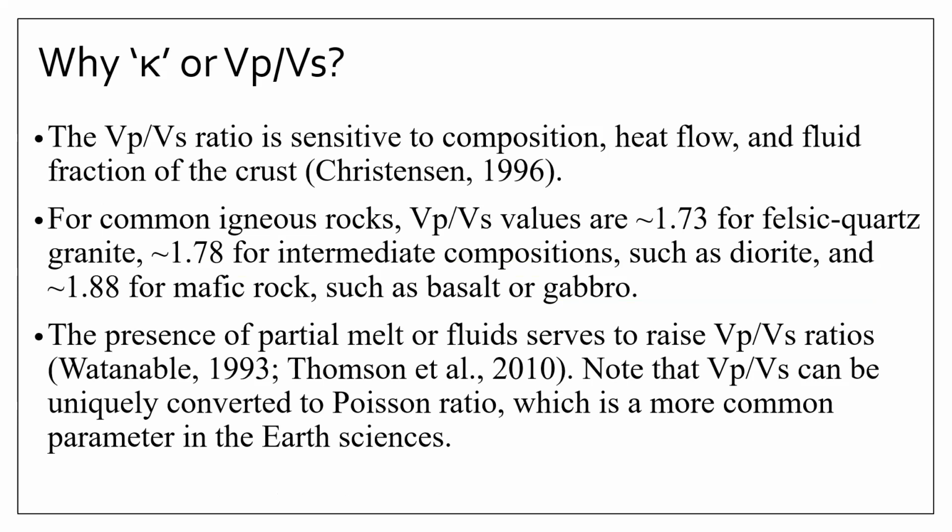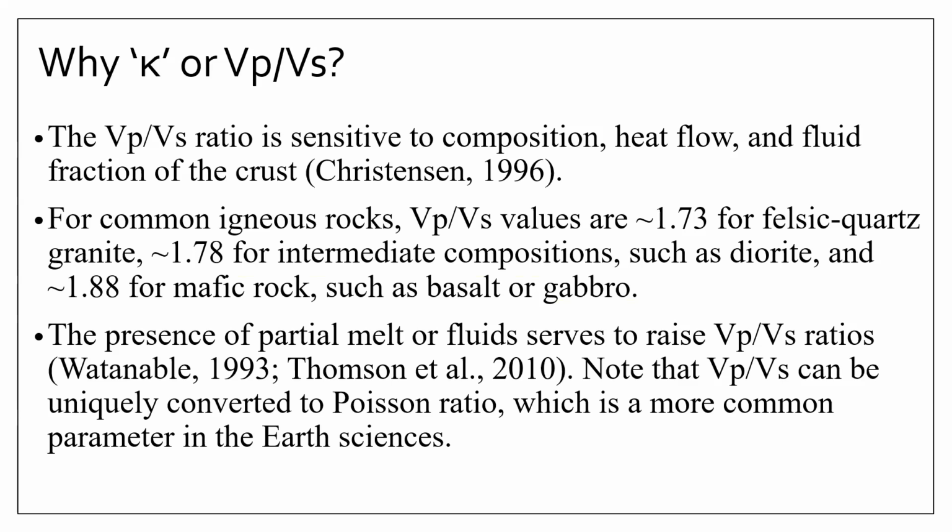So when I say kappa, you are basically trying to find the ratio of the P wave velocity to the S wave velocity, which means the Vp by Vs ratio. In short, it is also known as the kappa value. The kappa value is very important because it is sensitive to the composition, heat flow, and the fluid fraction of the crust.